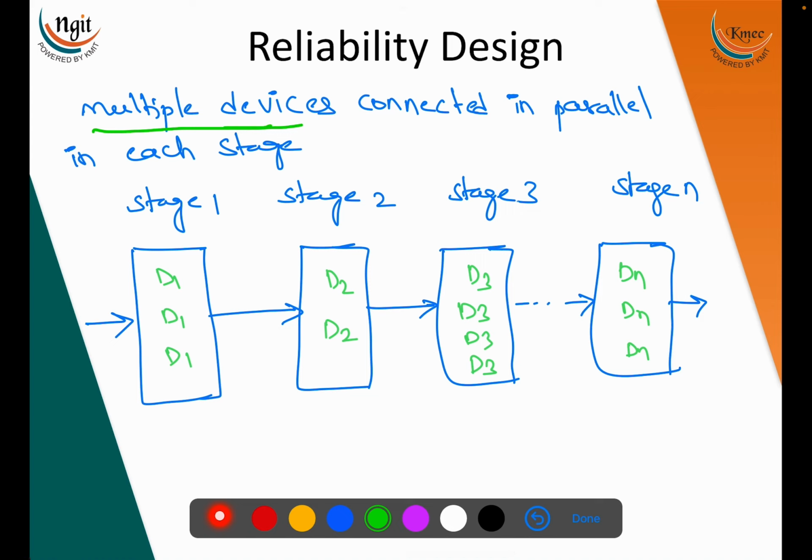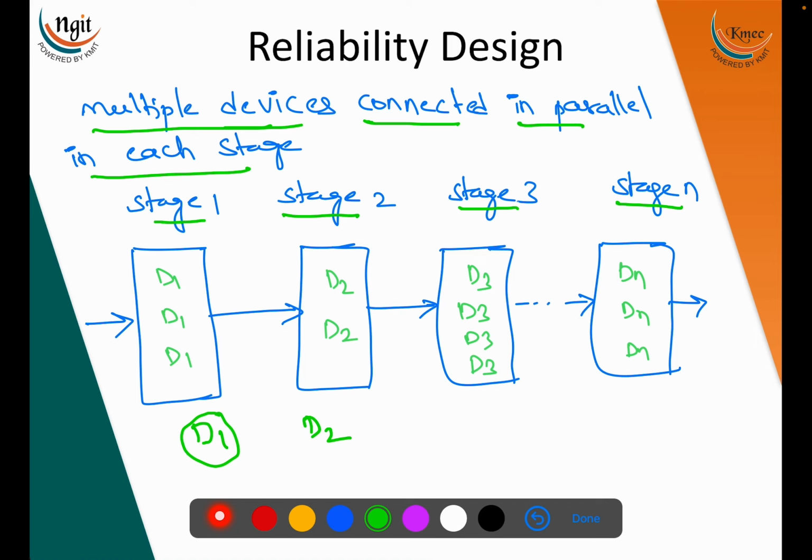Multiple devices are connected in parallel in each stage. That means stage 1, stage 2, stage 3, up to stage n. In the earlier case, we were dependent upon only one device. If this device fails, then for sure the system I wanted to build will fail, since the device cannot run for a long time.